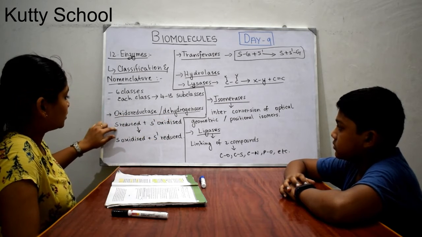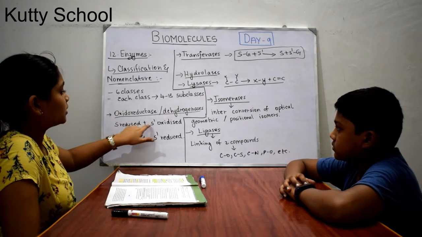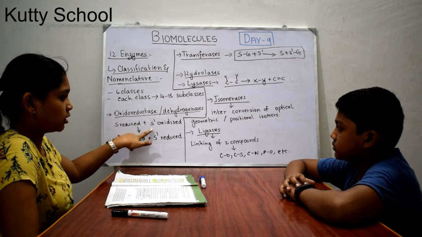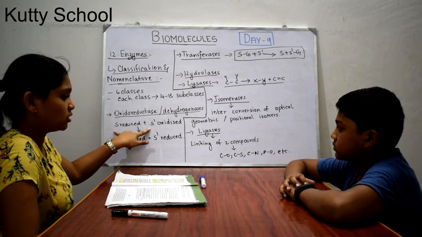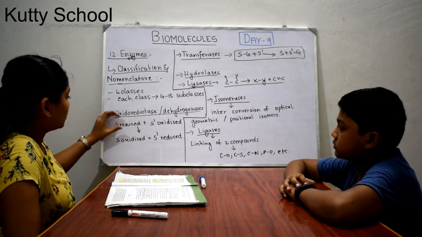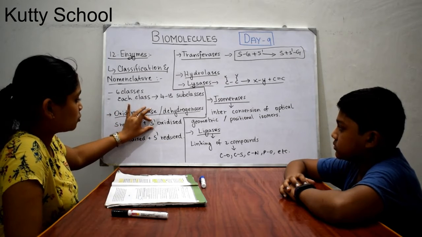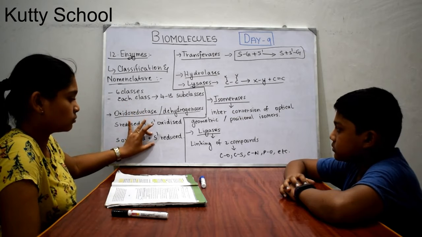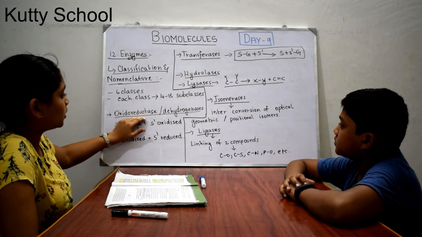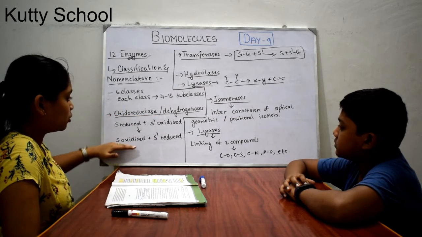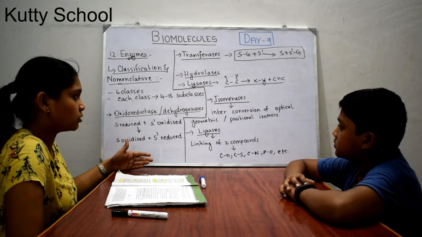Like if S is reduced plus S dash is oxidized, here S is nothing but a substrate, just keep it as an example. So here S is reduced, but here it is oxidized. Here S dash is oxidized, but here S dash is reduced. So this is the oxidoreductase or dehydrogenase. These enzymes reduce as well as oxidize the substances.